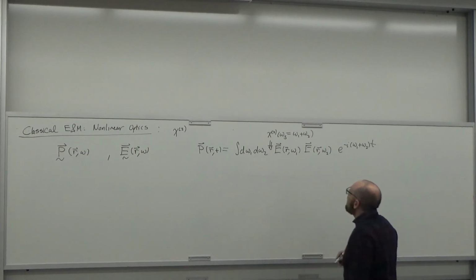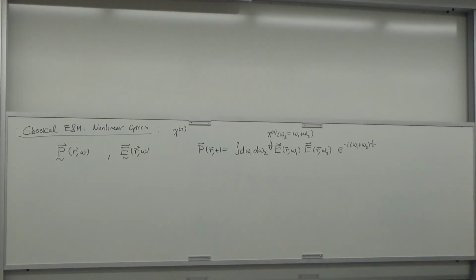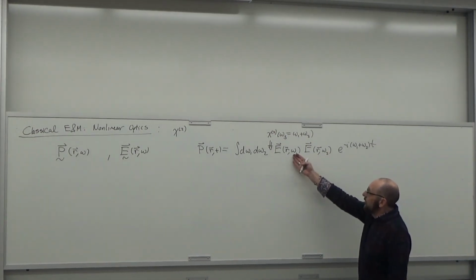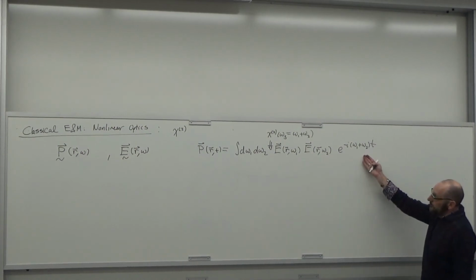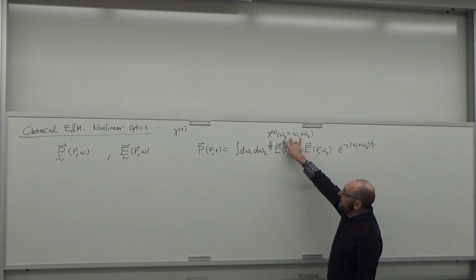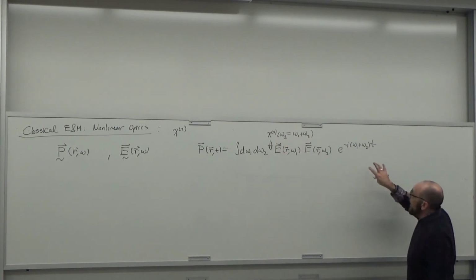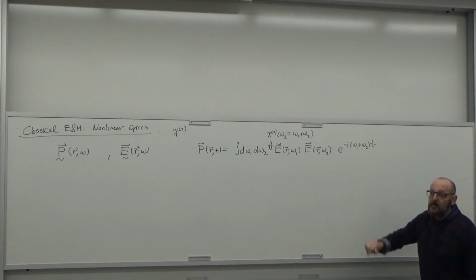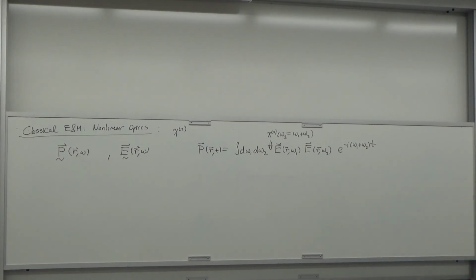So there can be a nonlinear optic term, whereby the fields that are oscillating, one at a frequency omega 1 and one at frequency omega 2, beat together through this susceptibility to create a dipole density that is oscillating at the sum of those two frequencies.